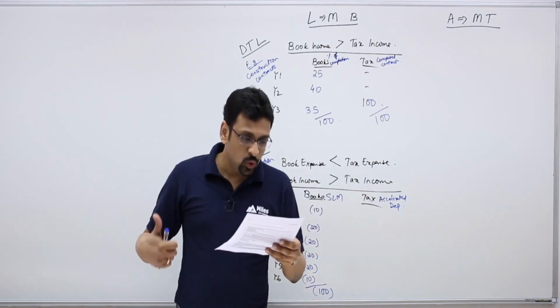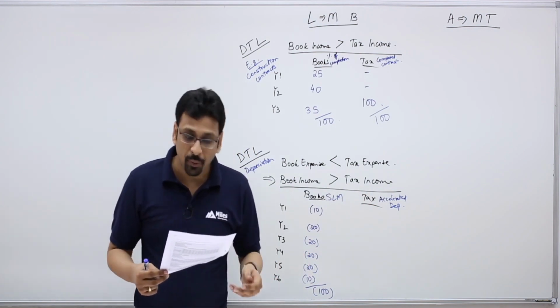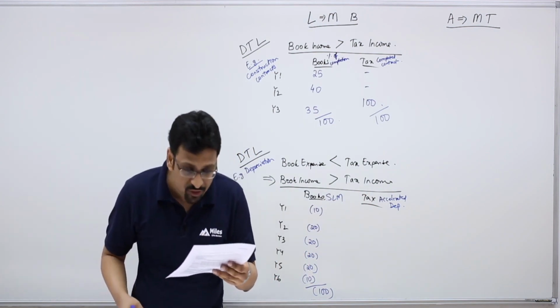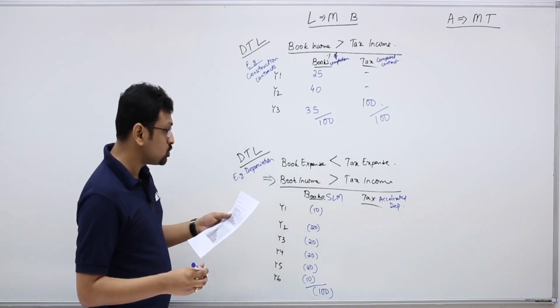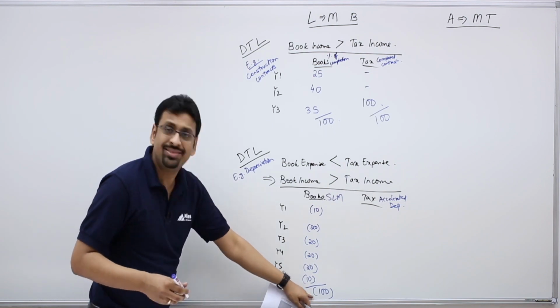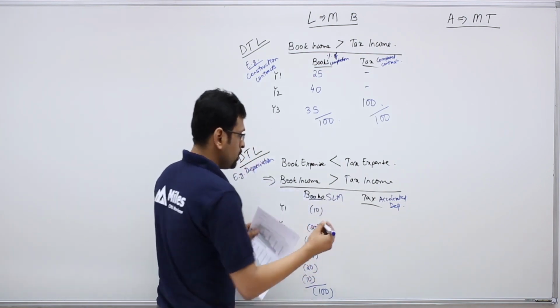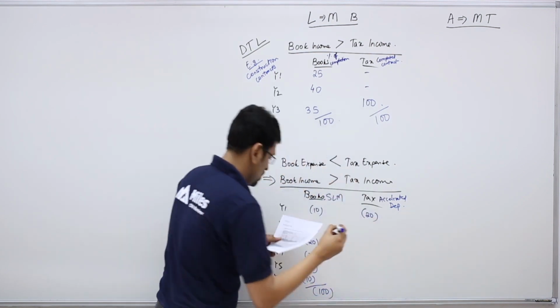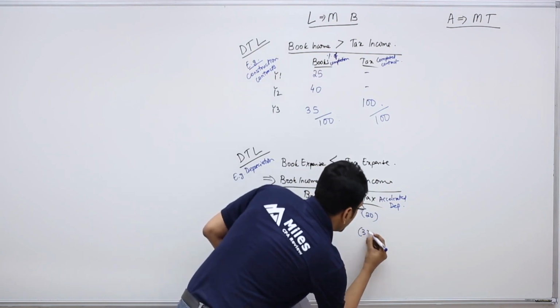If you have MACRS personal property where you're using 200% double declining balance with a 5-year recovery period, in year 1 your depreciation is going to be 20%. Since this asset is $100,000, it's going to be $20,000. So 20 in year 1. In year 2, it's going to be 32%, so you have 32 here.